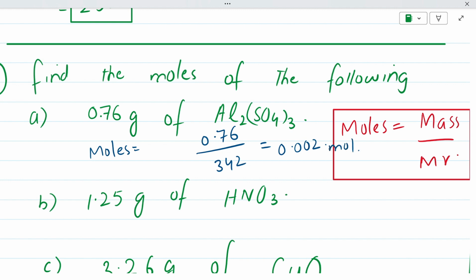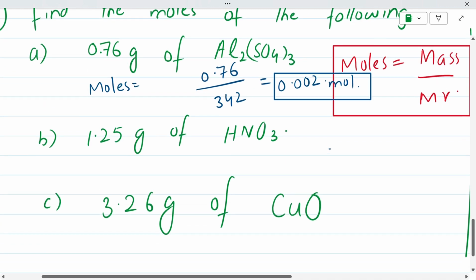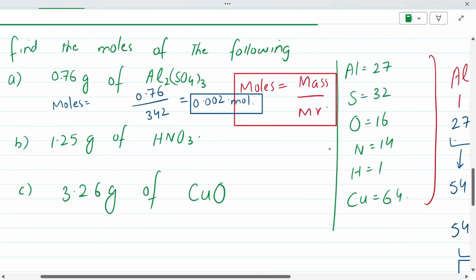Mole. This is the answer. Make sure you write down the unit, mol. In some cases they have written the unit already, but if it is not written, make sure you specify the unit. Try the next question the same way.